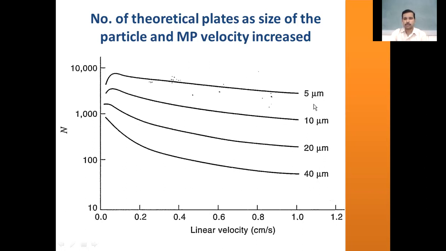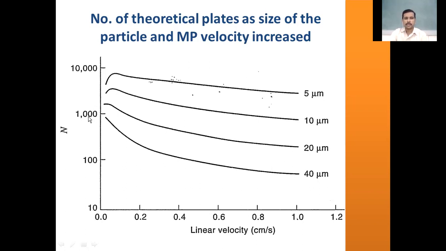All four curves were obtained by using 5 micrometer, 10 micrometer, 20 micrometer, and 40 micrometer particle size of stationary phase, and they were used to achieve the chromatographic separation by maintaining different mobile phase linear velocities. So what were the numbers of theoretical plates obtained? The number of theoretical plates can be used to express the column efficiency. So n is plotted as a function of linear velocity of the mobile phase for different stationary phase particles which were used in the separation process.